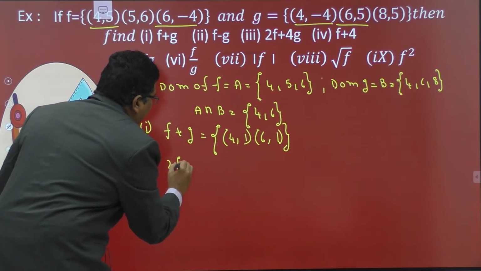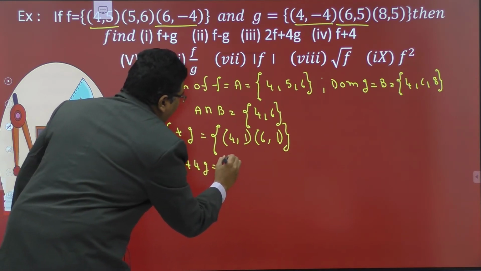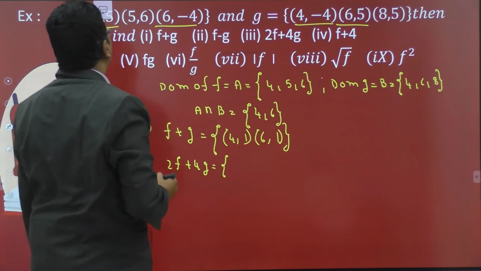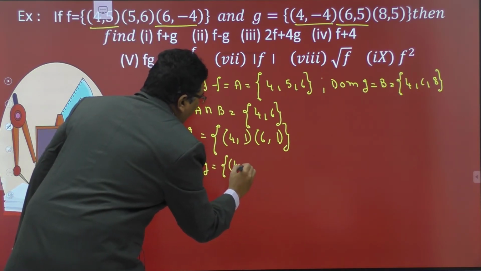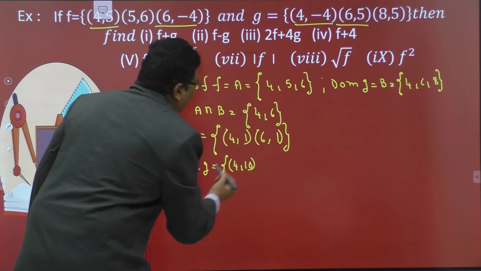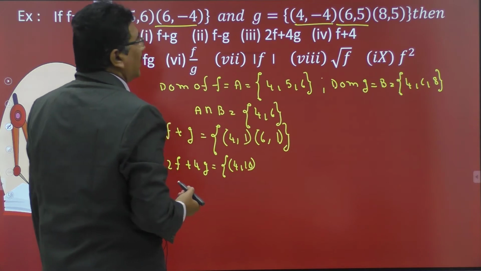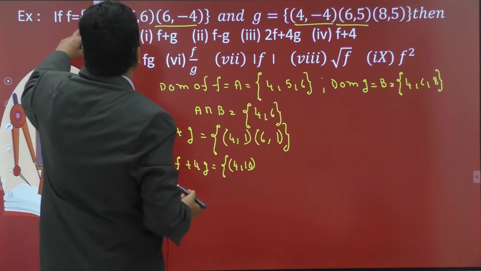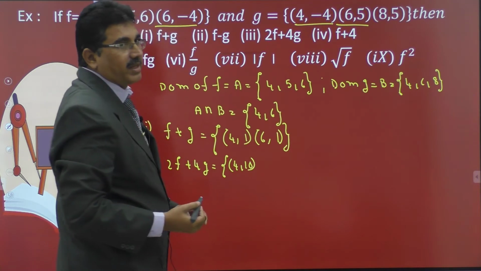2f plus 4g. First, 2f means the set of all ordered pairs: multiply f by 2, that is, multiply 2 by the second components only.